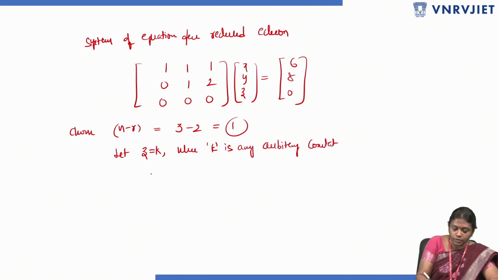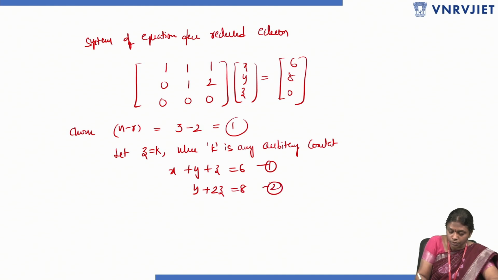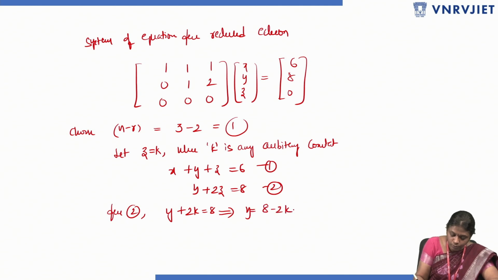So using this, what are the equations you will be getting here? x plus y plus z is equal to 6, let's call this equation 1, and y plus 2z is equal to 8, let's call this equation 2. Now from equation 2, just substitute z equal to k. That is y plus 2k equal to 8, that implies y is equal to 8 minus 2k.